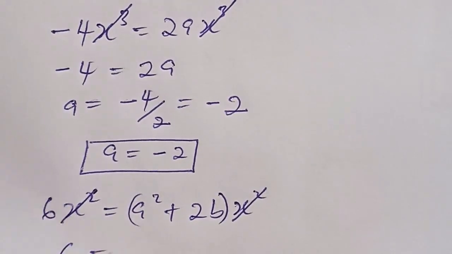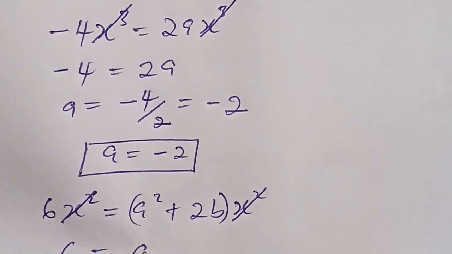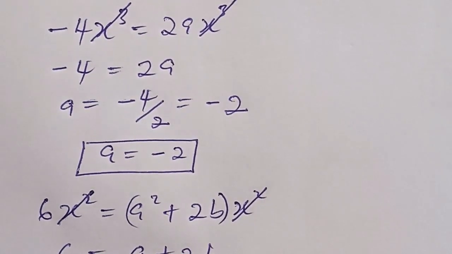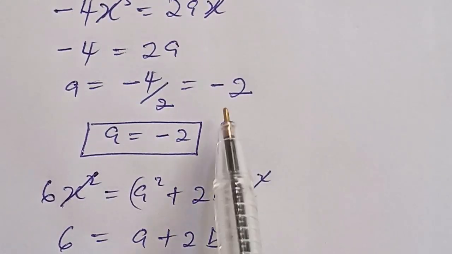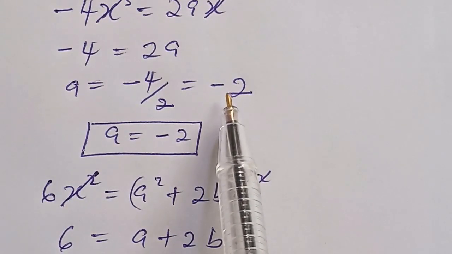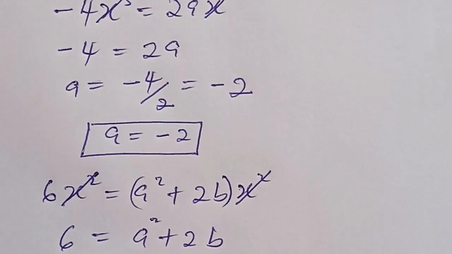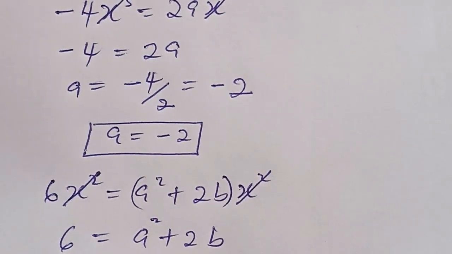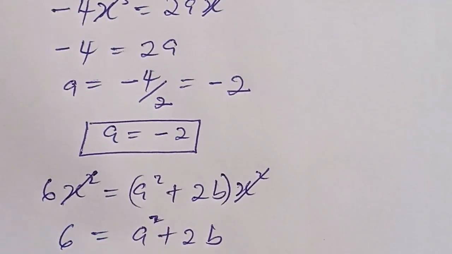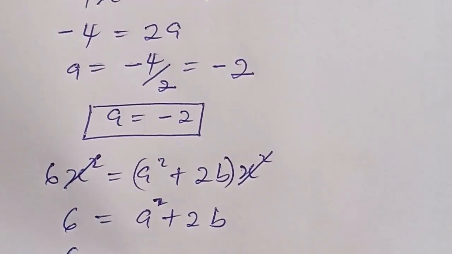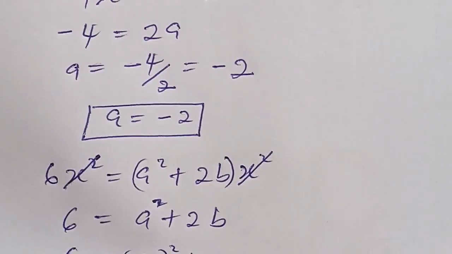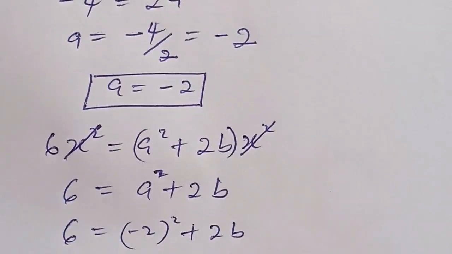We have 6 equal to a squared plus 2b, but we have gotten a to be equal to minus 2. We substitute that here, and that gives us 6 equal to (minus 2) squared plus 2b.